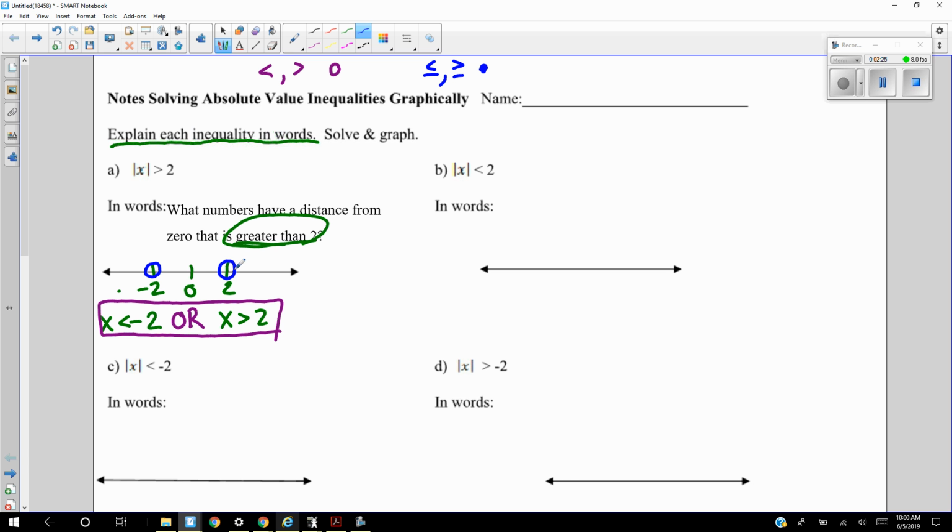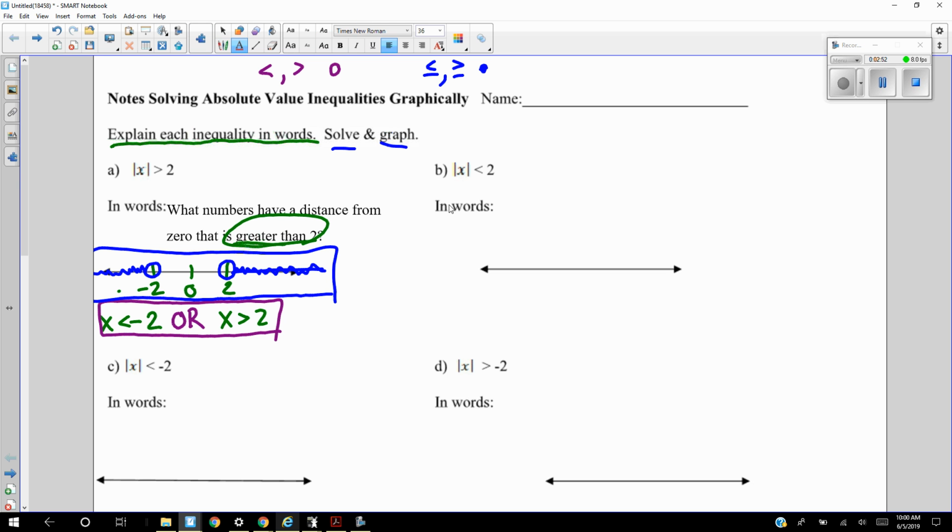And then we're going to shade every number on the number line that is greater than 2. Some people will do a little squiggle just so it shows up. And then every number that's less than -2. So we've got the answer written algebraically and graphically, which is what they wanted. They want us to solve it, and they want us to graph it. We've done both.